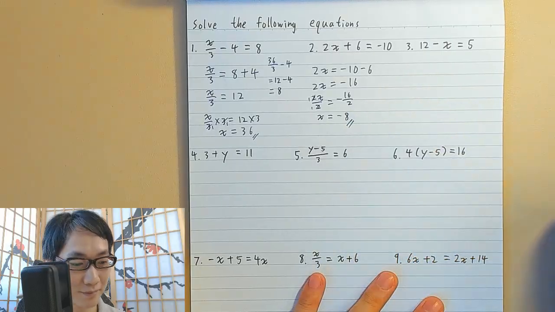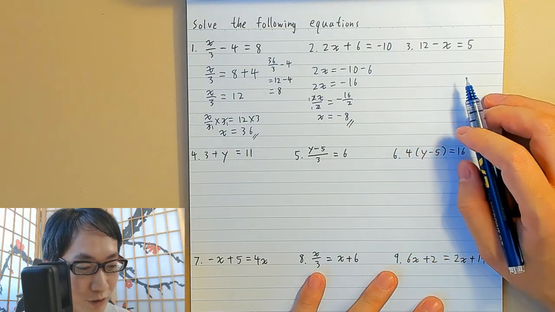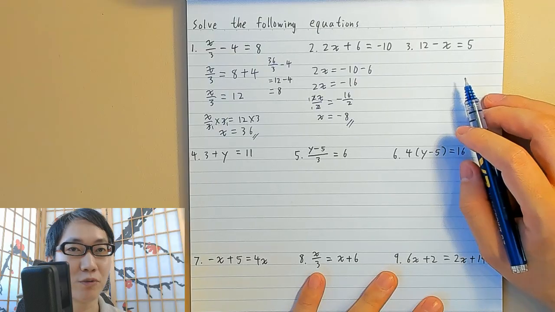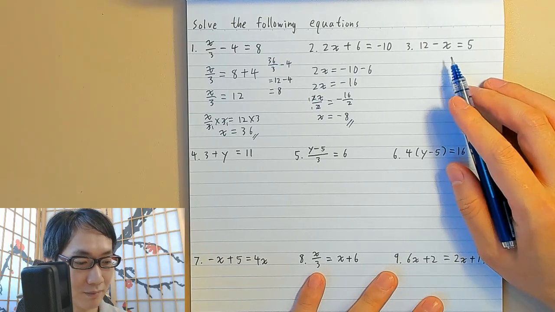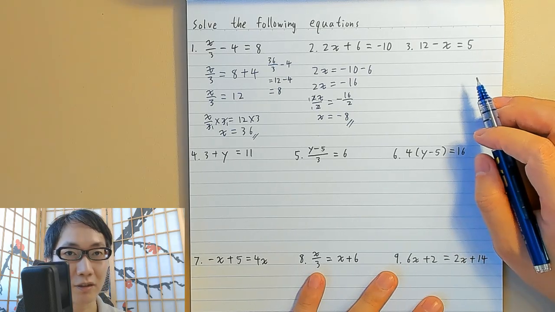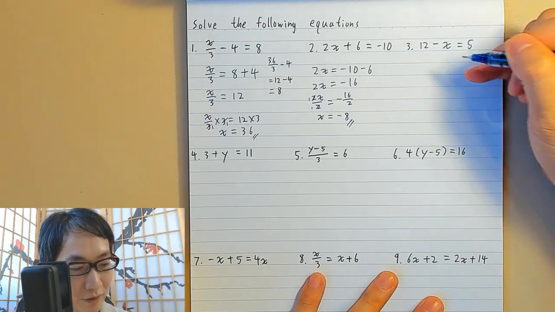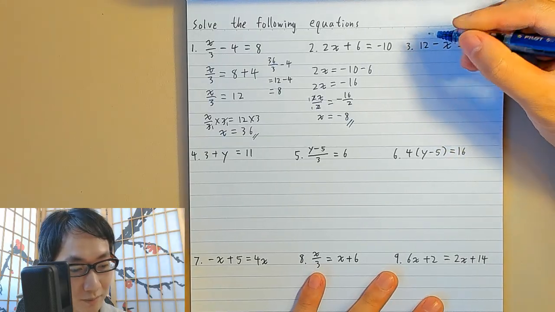So number 3, 12 minus x is equal to 5. So you want the left hand side to have x only, positive, no negative sign. So then you can add x to both sides.